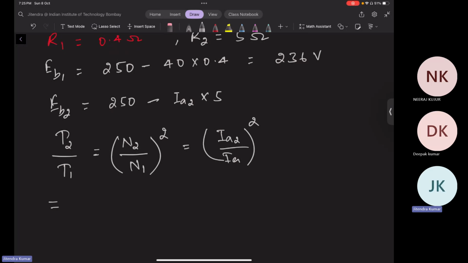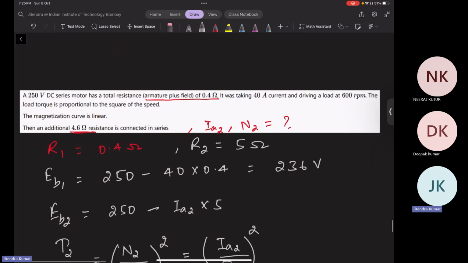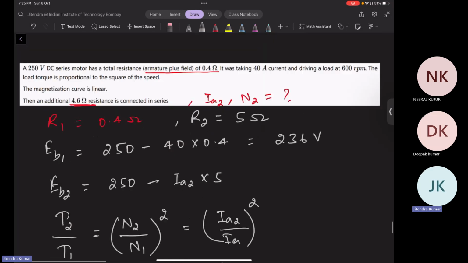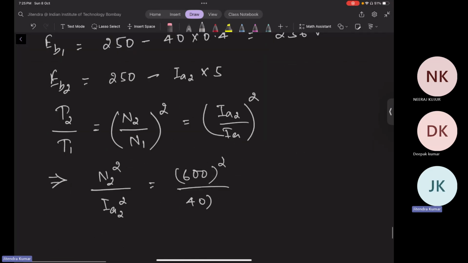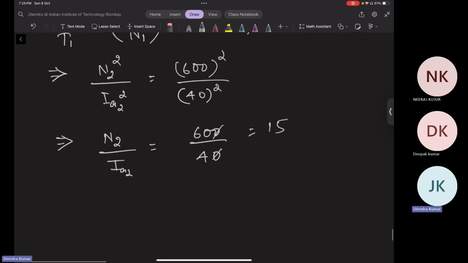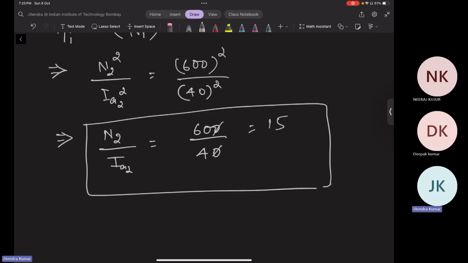From this condition, we end up with N2 square by Ia2 square equal to N1 square by Ia1 square, with N1 as 600 and Ia1 as 40. So if you find this ratio N2 by Ia2, it will be 600 by 40, so it will be 15. This is our first condition.